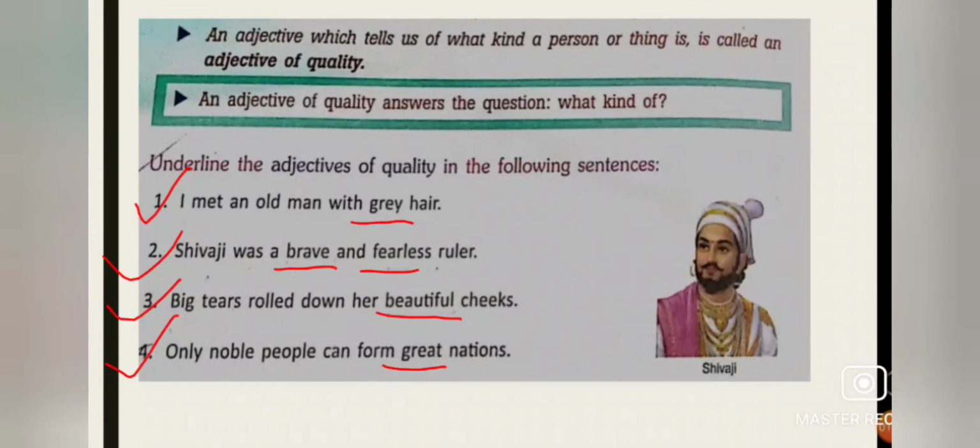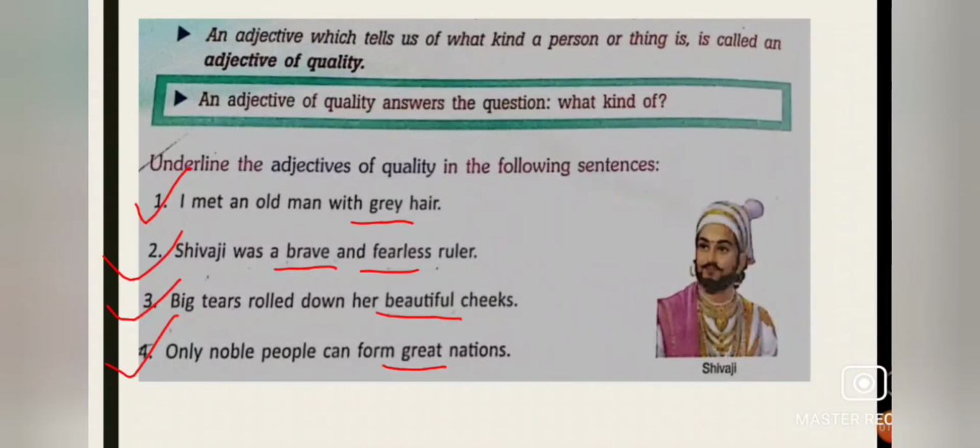So here we go for some examples which will make it easier to identify the adjective of quality in a sentence. So number 1 is I met an old man with grey hair. In this sentence, grey tells us about the adjective of quality. Number 2. Shivaji was a brave and fearless ruler.